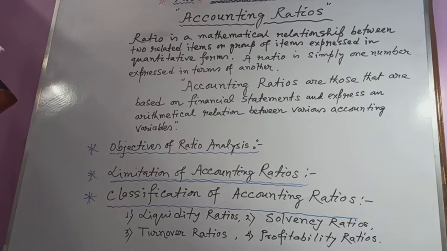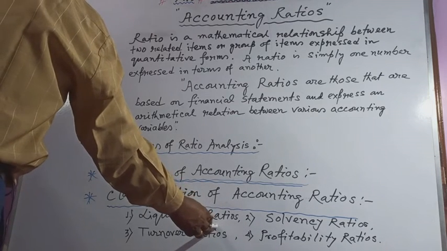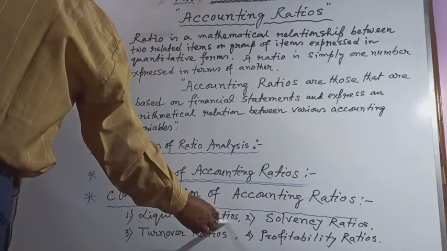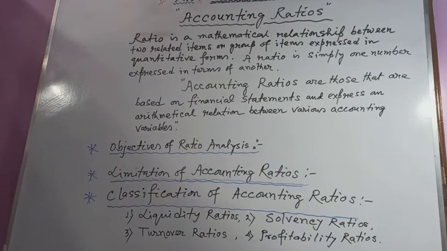What do you mean by liquidity ratio? Liquidity ratios are those ratios that measure the ability of the firm to pay its current liabilities in time. Okay, that means these ratios are used to assess the short-term financial position of the firm. Therefore, these ratios are also called short-term solvency ratios.